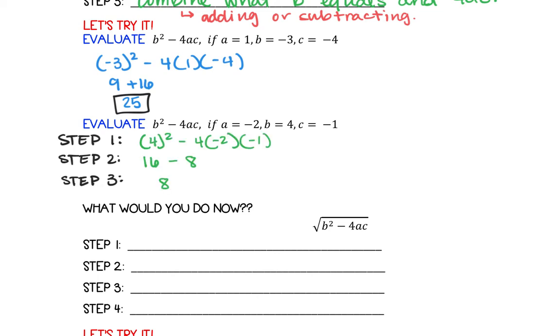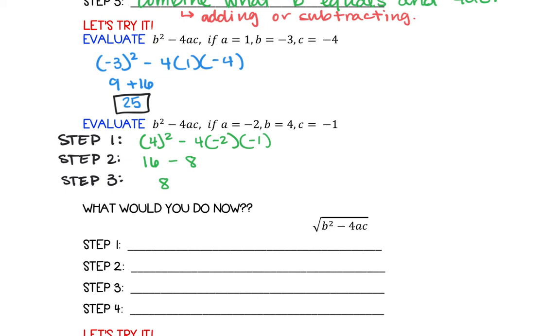All right, when you solved it, you should have gotten 8. So walking through the steps. Step 1, you need to substitute what a, b, and c equal into the expression. So we get 4 squared minus 4 times -2 times -1. 4 squared is 16, and then -4 times -2 is a positive 8, but positive 8 times -1 is a -8.